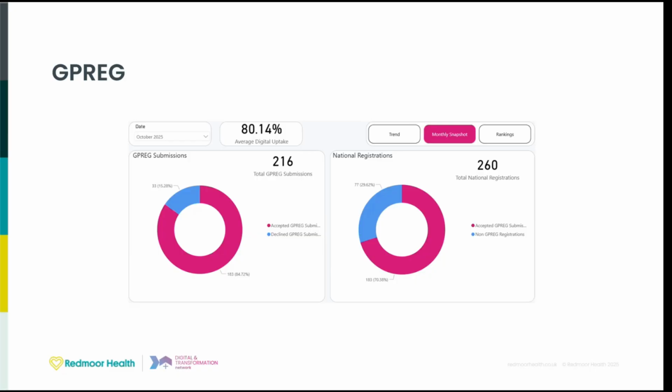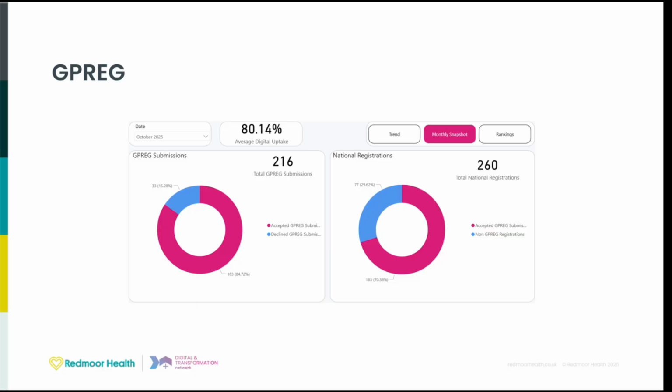And the newest addition to Edge is the GP Reg data, which gives PCNs a clear view of how patients' registrations are happening across practices, not just whether a digital registration is switched on. At a PCN level, it shows the total registration activity across all practices, and it also shows how many registrations are submitted and accepted via GP Reg.